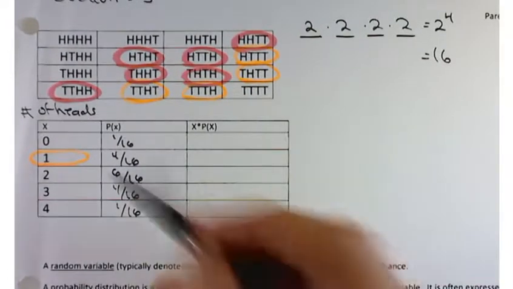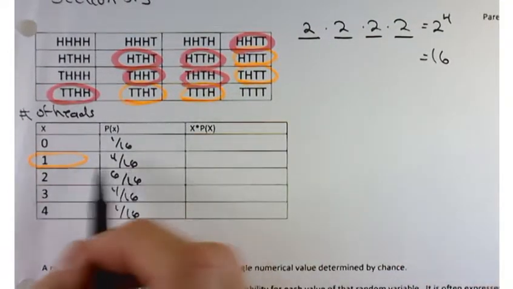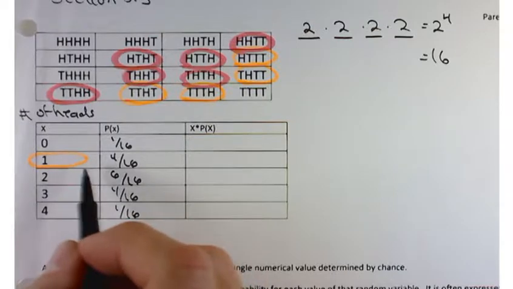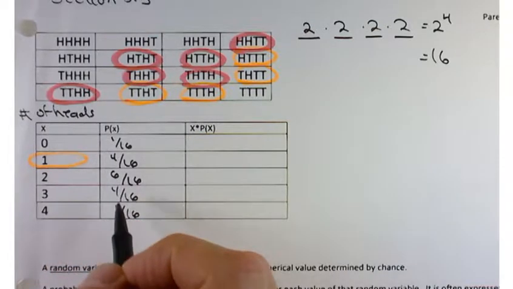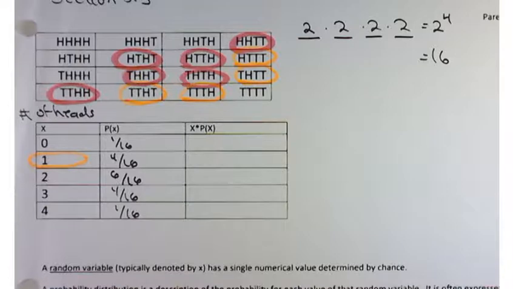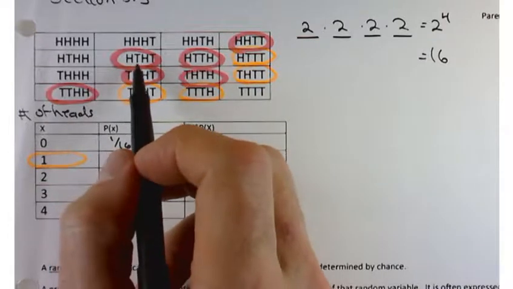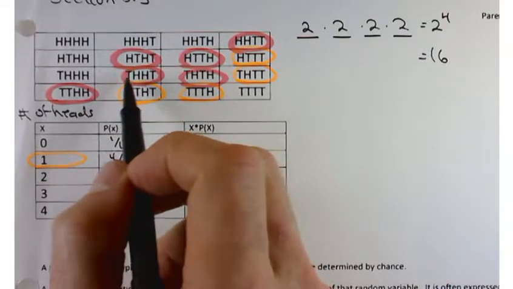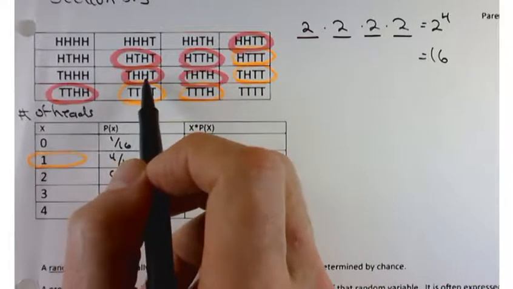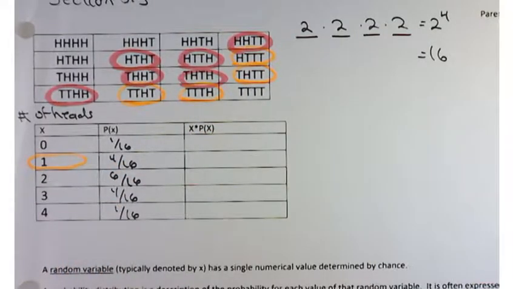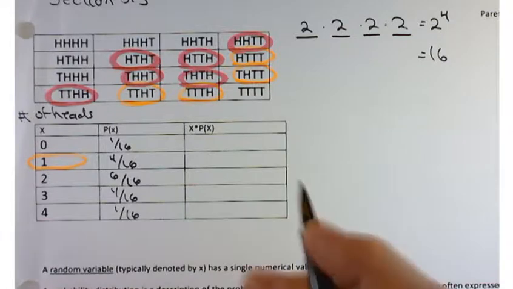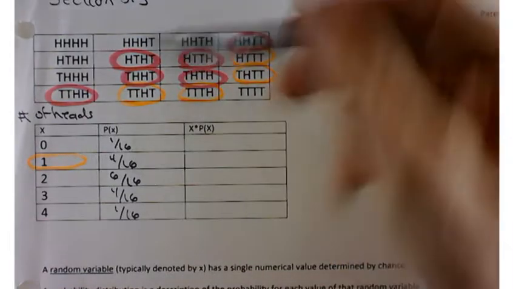The problem is, it's a real pain to try and figure out this probability by looking at the sample space and counting, especially because a head, a tails, a head, a tails is essentially the same outcome as a tails, a head, a tails. So what we want is a better way to approach finding these probabilities rather than just listing out the sample space. And this is going to become a binomial random variable.